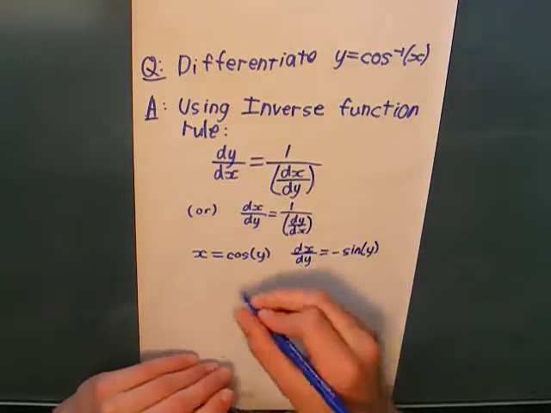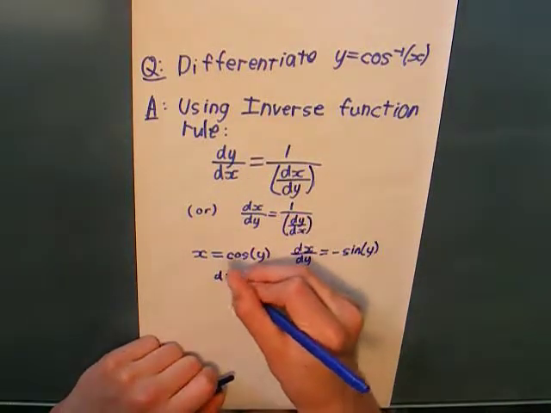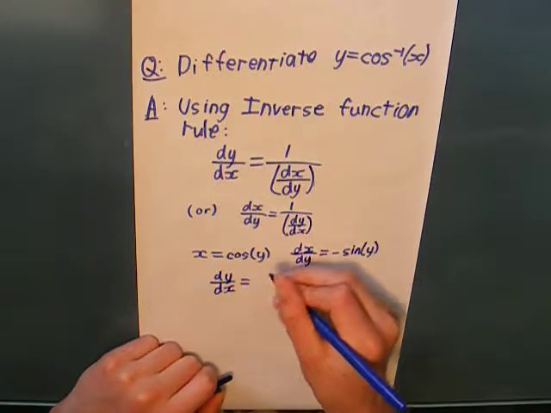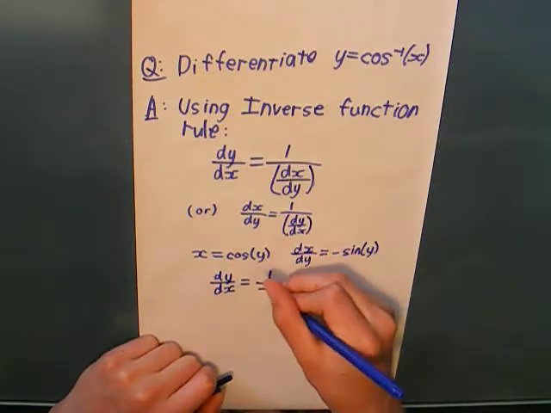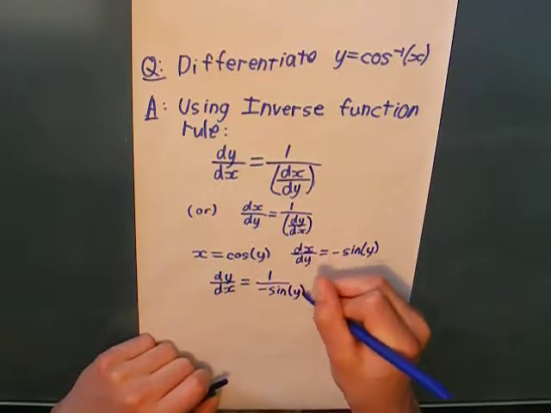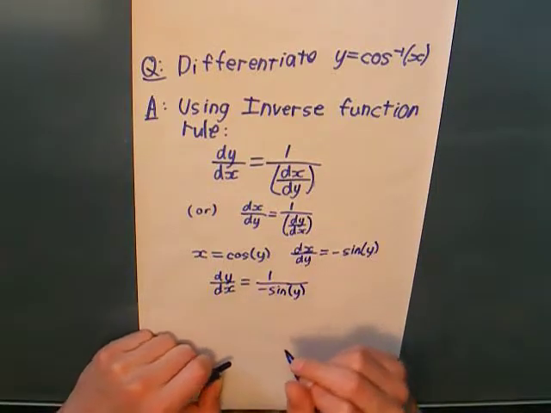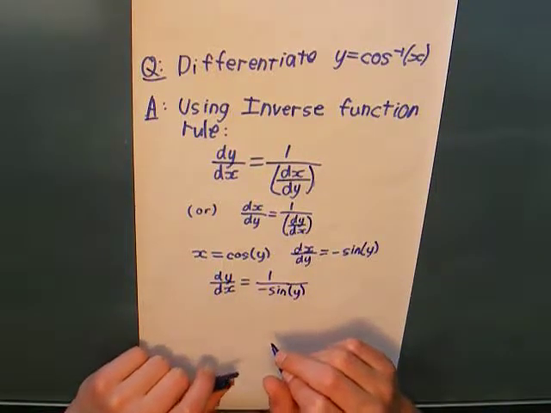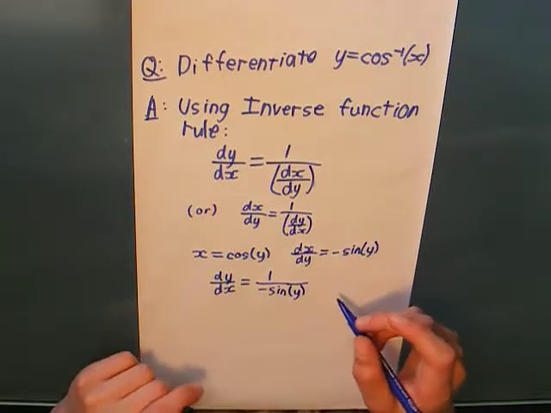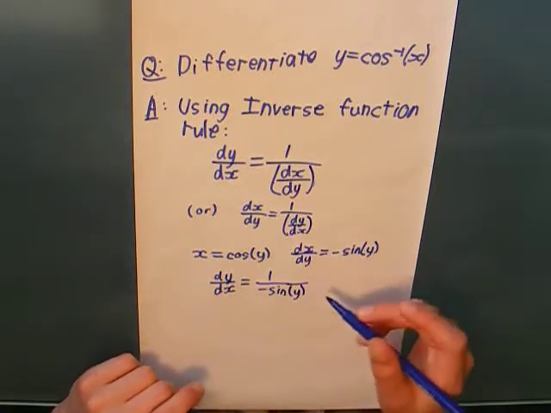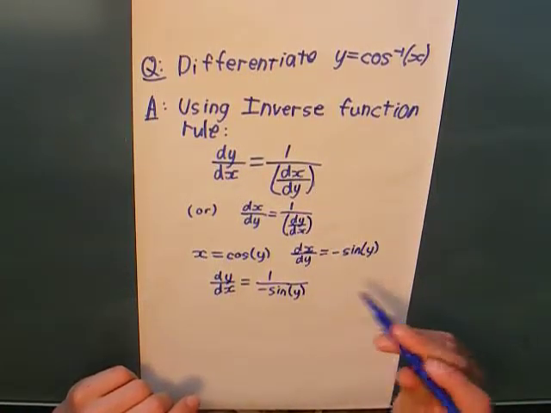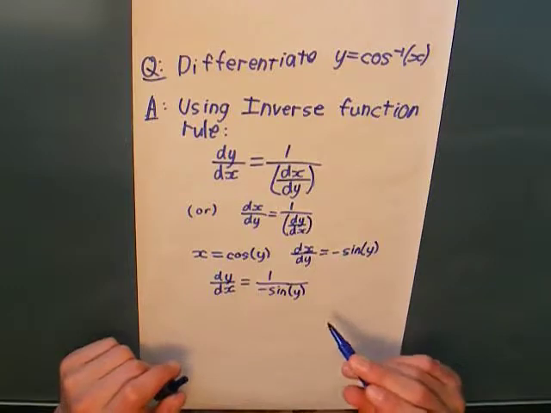Or using this form, which is nicer here, dy over dx equals 1 over minus sine of y. Okay, so you could put a little condition in here saying sine y not equal to 0, which I won't write, but we should know that it should be here in this case.